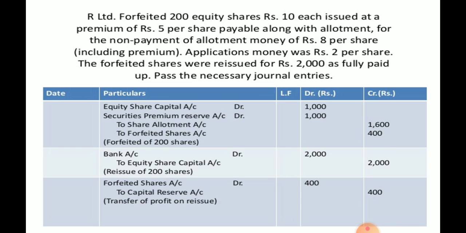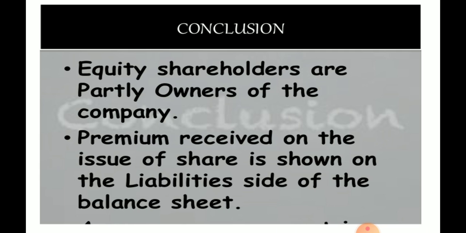Share allotment 8 rupees on 200 equity shares, 8 into 200, 1600, and the remaining amount which is left here is 400 rupees. So, bank account to equity share capital, that is 2000 as we reissue. The forfeited amount, that is 400, is transferred to capital reserve. Quite easy. You can easily solve them.